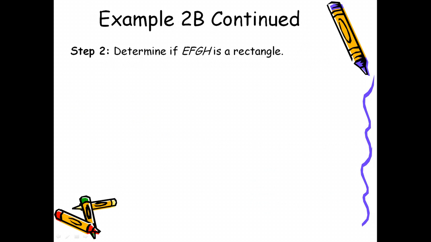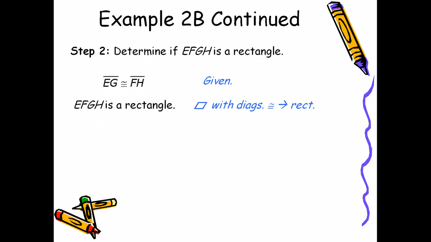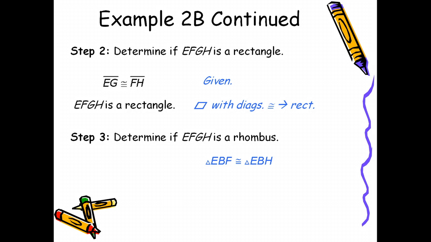Step 2, we want to find out if it's a rectangle. EG is congruent to FH, that's given. Parallelograms with congruent diagonals are rectangles. So EFGH is a rectangle. Step 3, determine if EFGH is a rhombus. Well, triangle EBF is congruent to EBH.